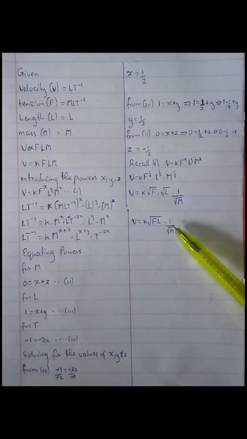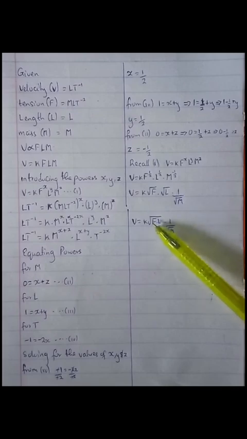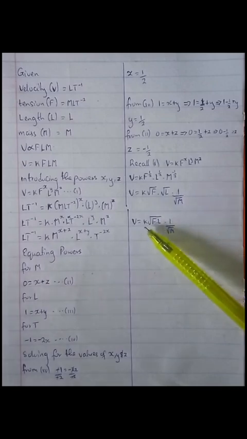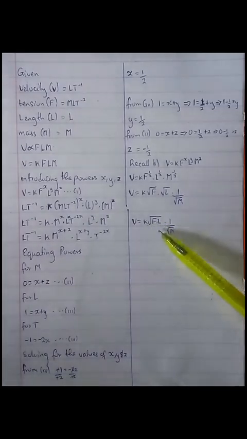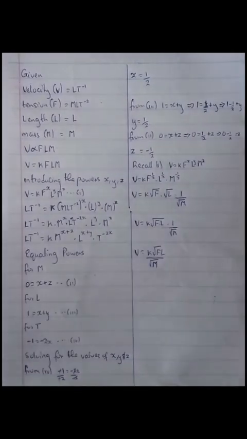Is multiplying 1 over square root of m. So remember that anything multiplying 1 is that same thing. So we can rewrite this as k square root of fL all over square root of m. Also recall that this k is a constant.